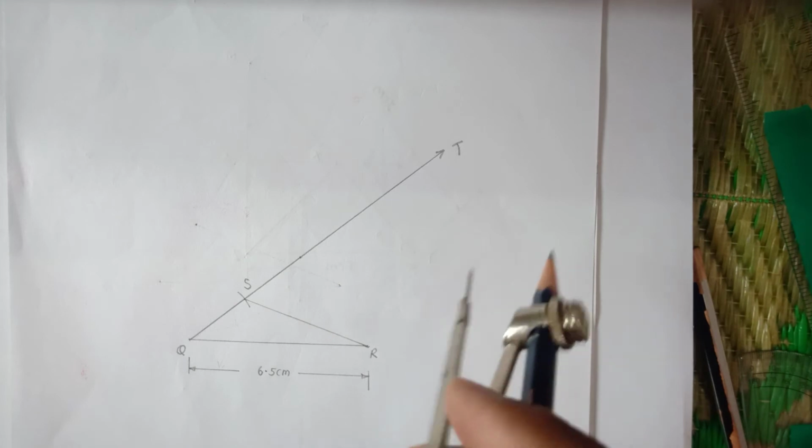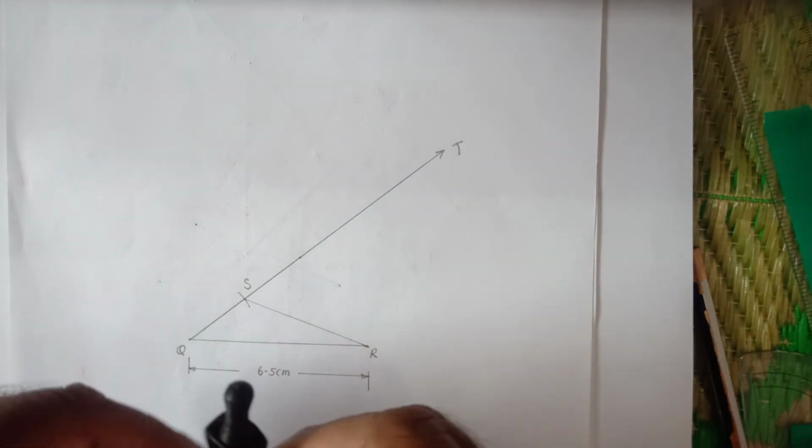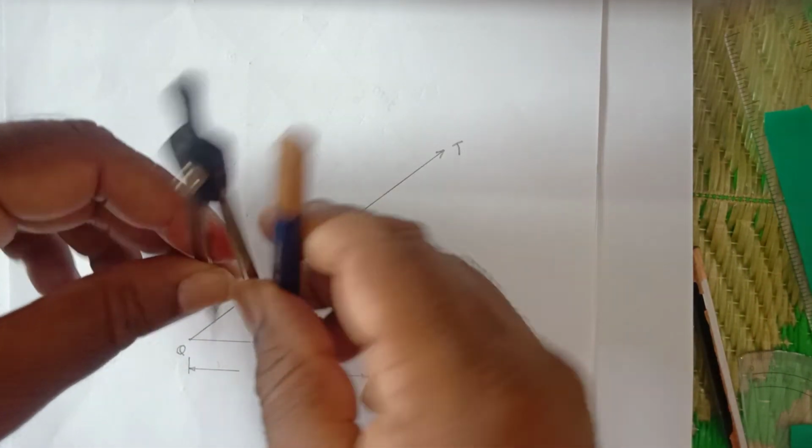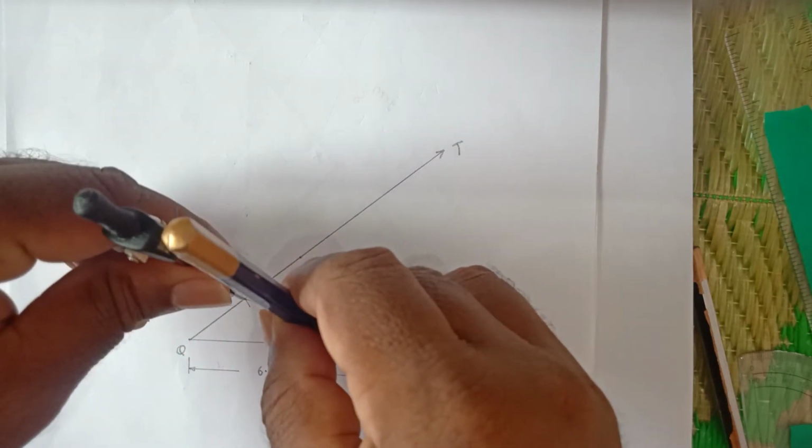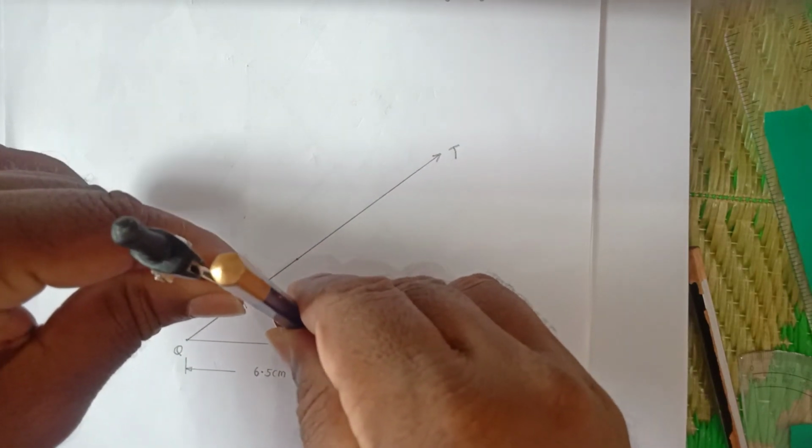Now draw the perpendicular bisector of SR. So take more than half the distance of SR in a compass.